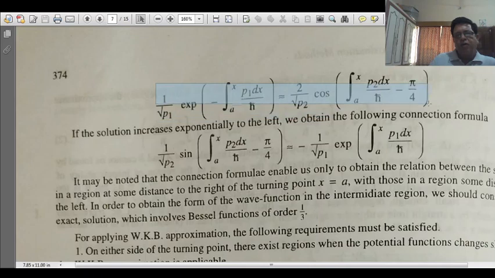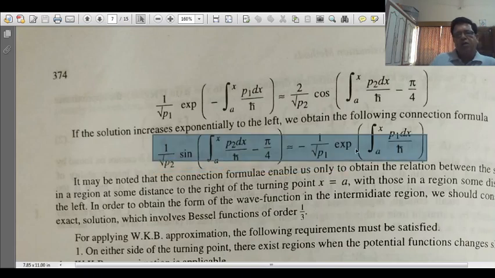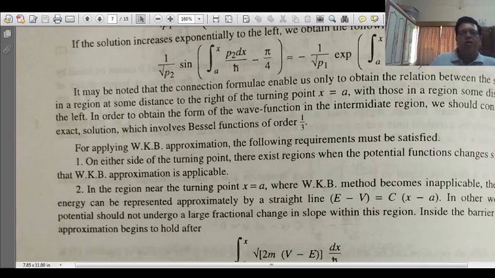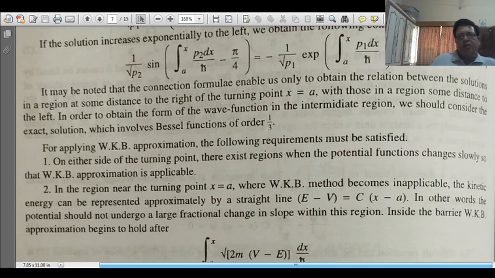This is the first relation, and if the solution increases exponentially, in that case this becomes sine and here it becomes cosine, and you can easily see that such a relation comes again. So you must remember these expressions directly, because these solutions are not solved here; they are taken directly to explain things.